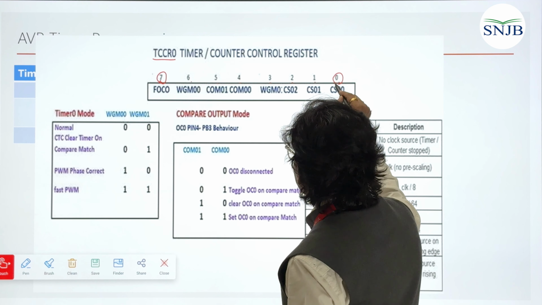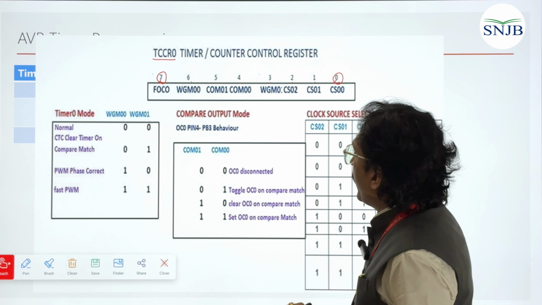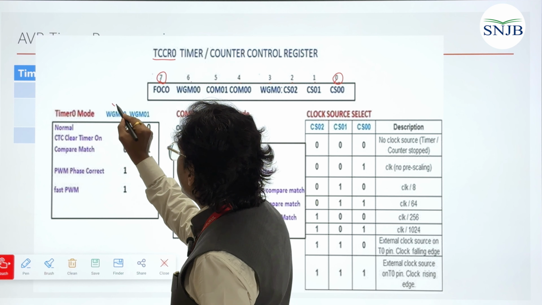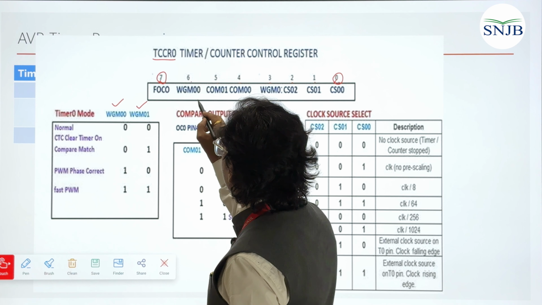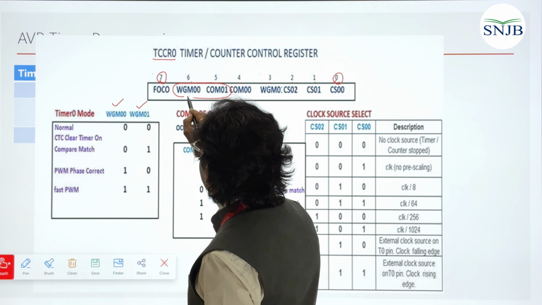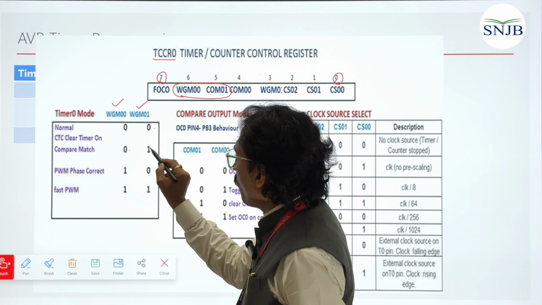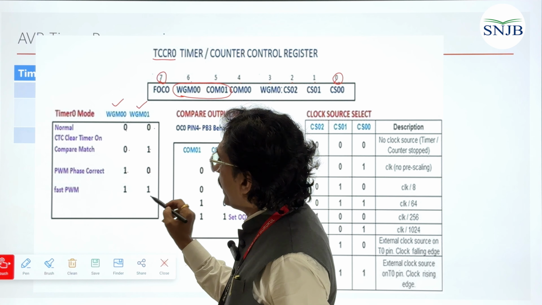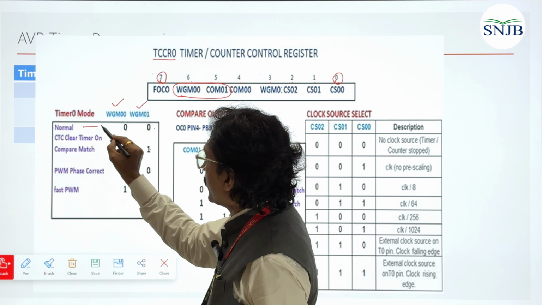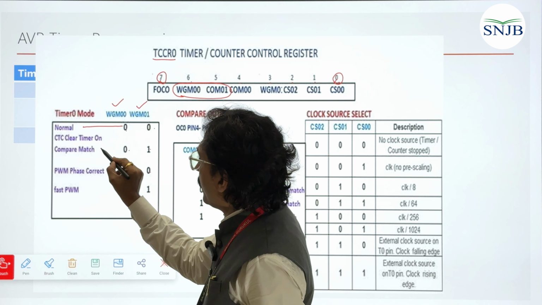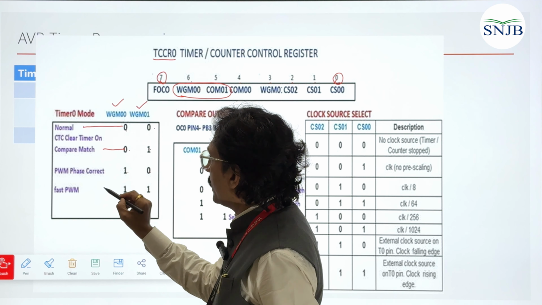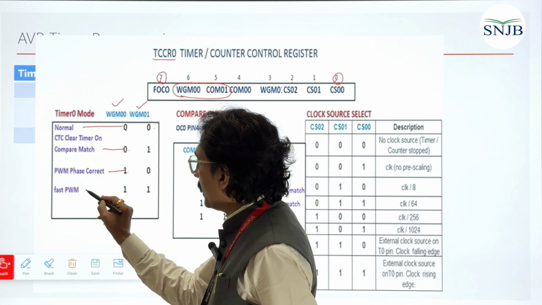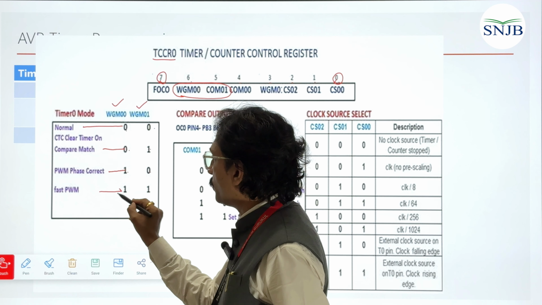As far as the waveform generation 0 and waveform generation 1 bits are concerned, 0 0, 0 1, 1 0 and 1 1 are the four combinations. These are specifically for normal operation, CTC (clear timer on compare match), phase correct pulse width modulation, and fast pulse width modulation.